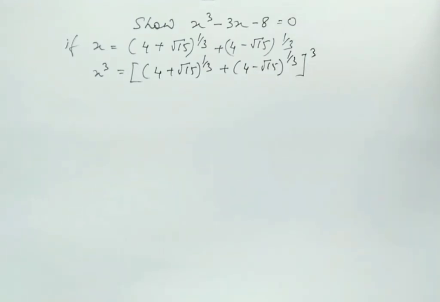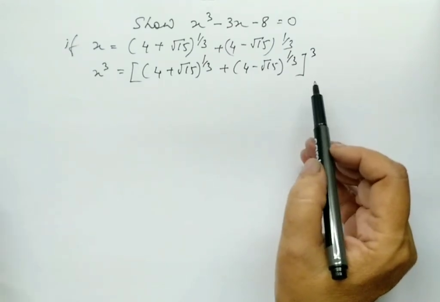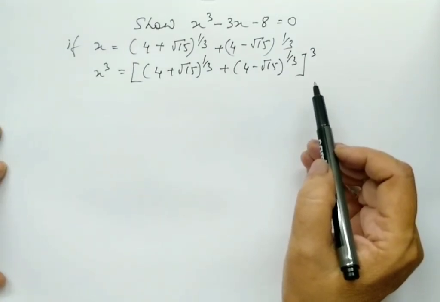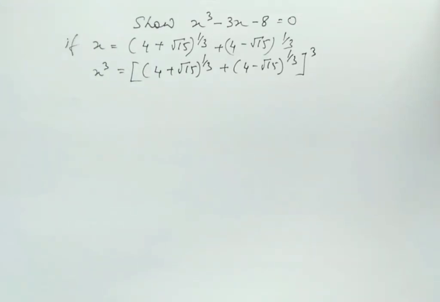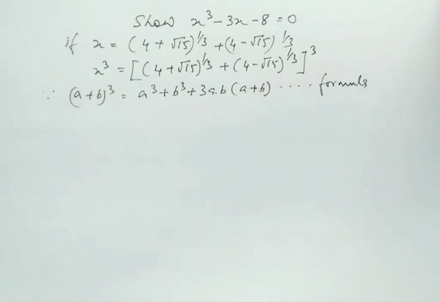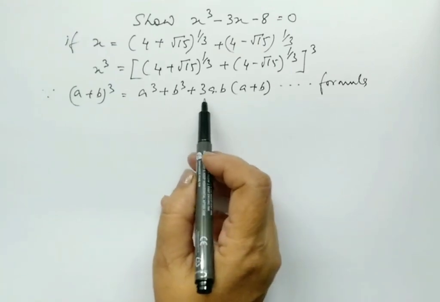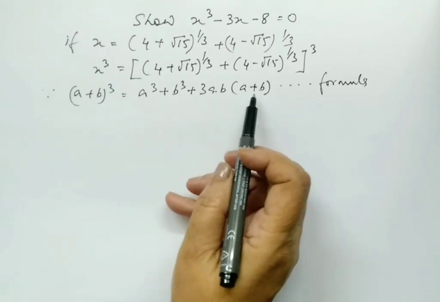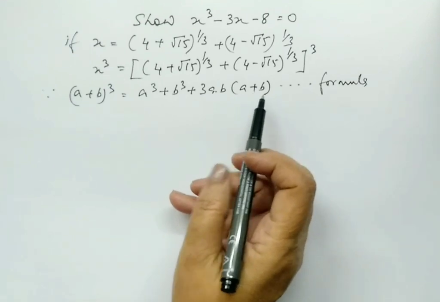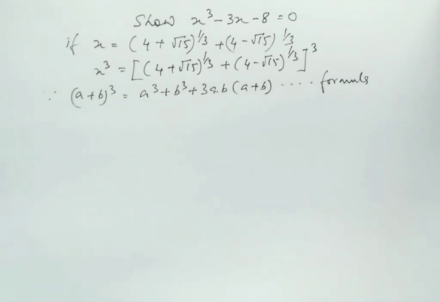So we are cubing this. As you know, the formula says that A cube plus B cube plus 3AB multiplied by (A plus B) is equal to (A plus B) whole cube.